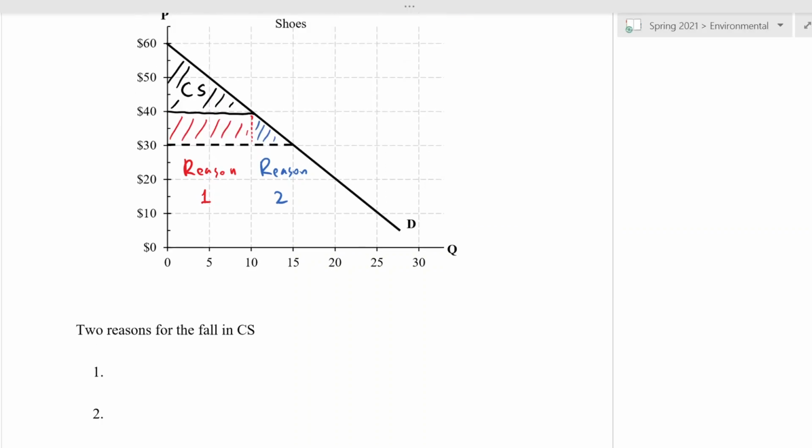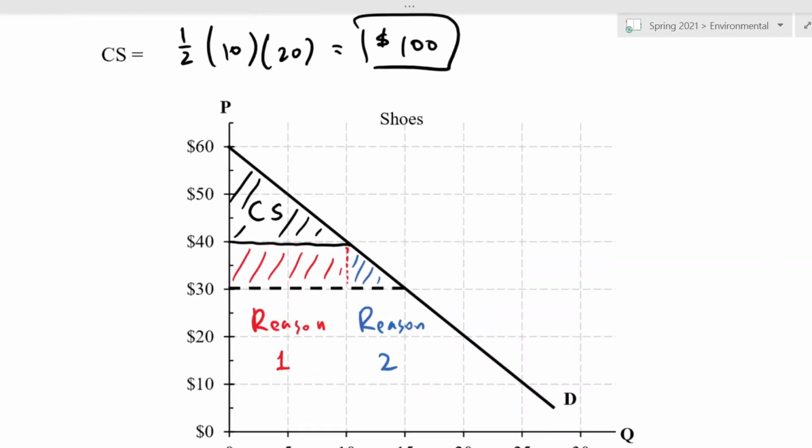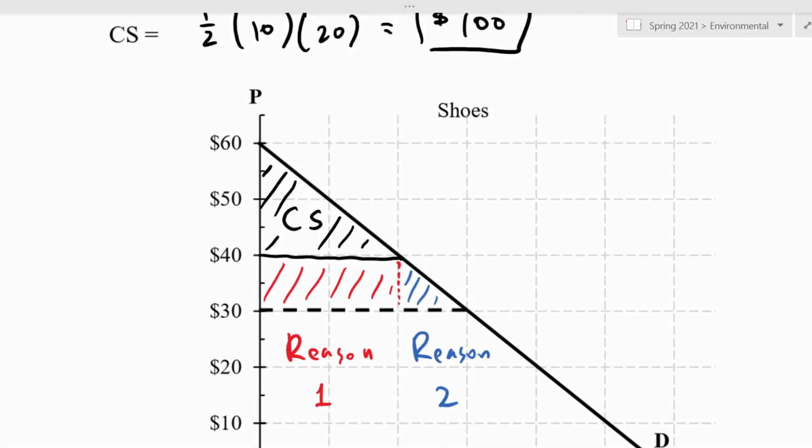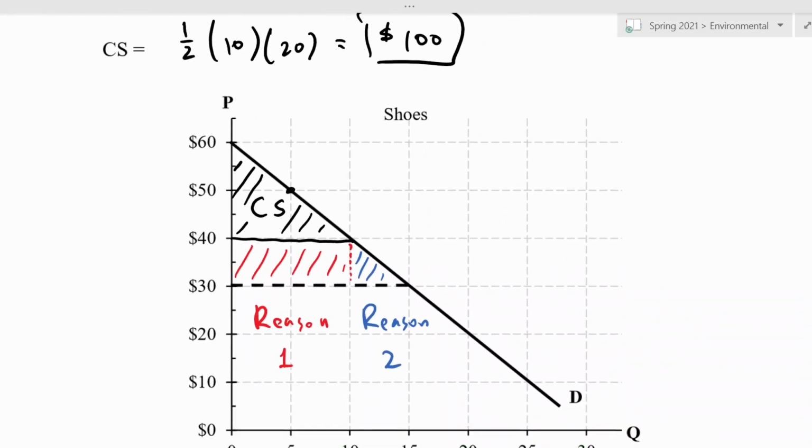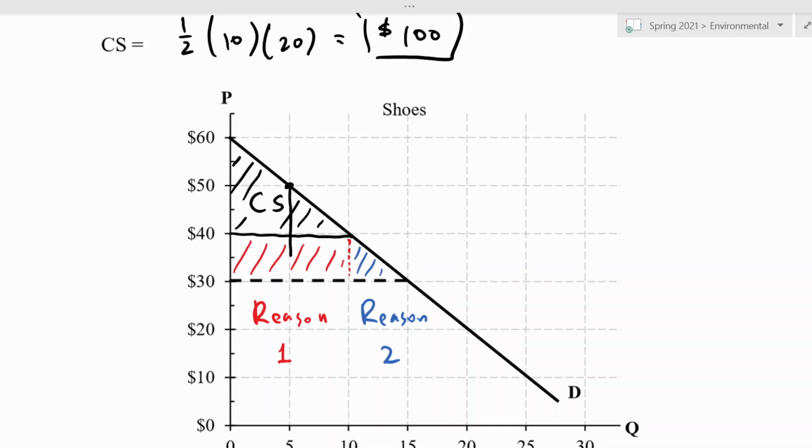Remember, the demand curve is made up of individuals, marginal individuals. There's somebody here willing to pay 50, right? Beforehand, they had to pay $30, so that one person had a consumer surplus of $20.